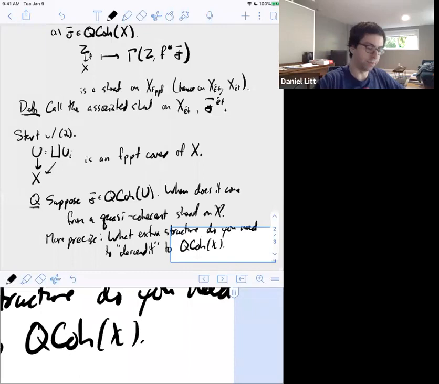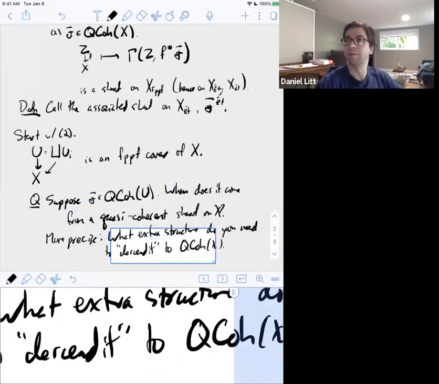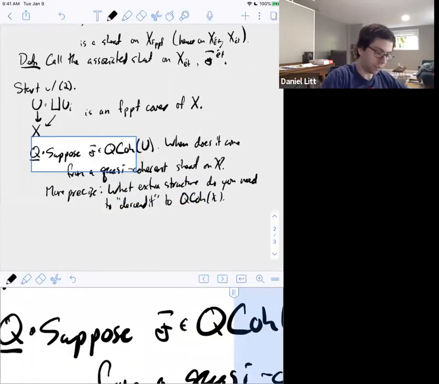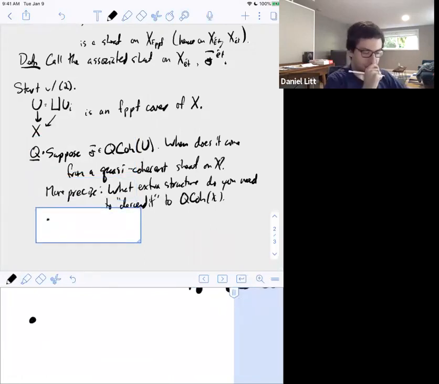And by this more precise question, I mean, what kind of extra data do we need to associate to this sheaf F to pick such a descent, so to pick a sheaf on X and an isomorphism between its pullback and what we started with? Okay, so that's question one. And then if we think a little more categorically, maybe you would also ask the same question not just about objects, but about morphisms.